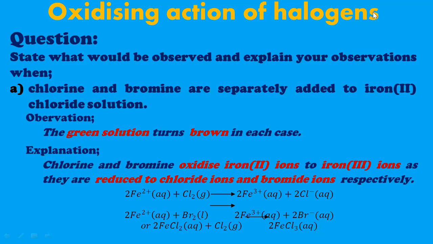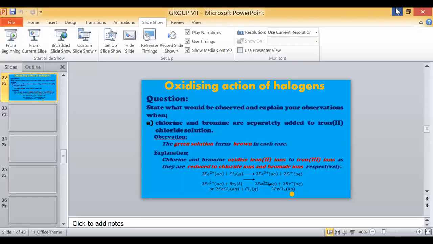So I've just told you the two are oxidizing agents. By the fact that we're adding them to an iron 2 salt, there will be oxidation of iron 2 to iron 3.